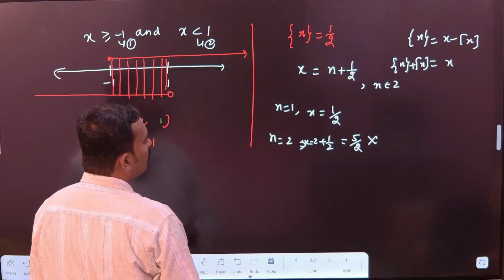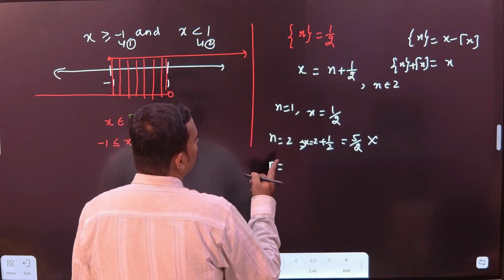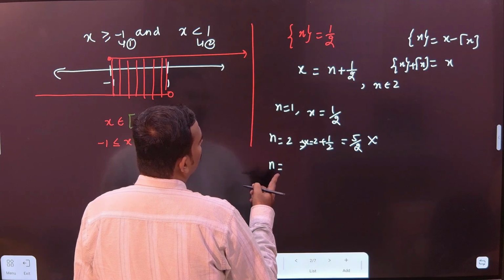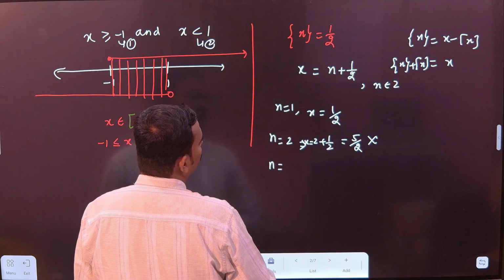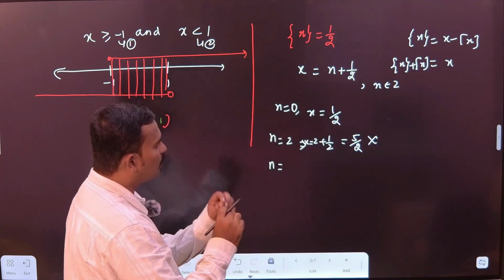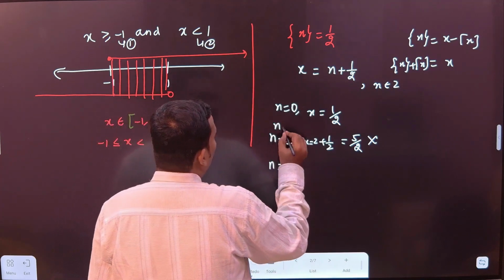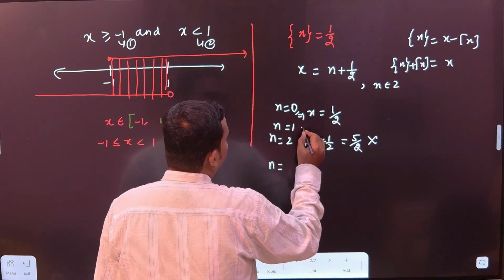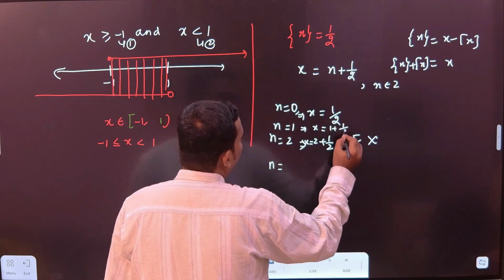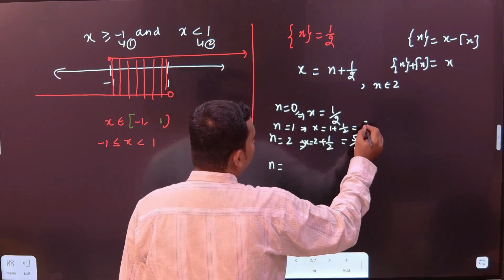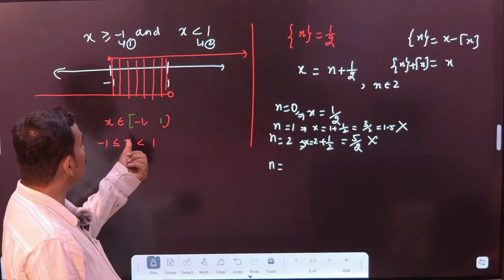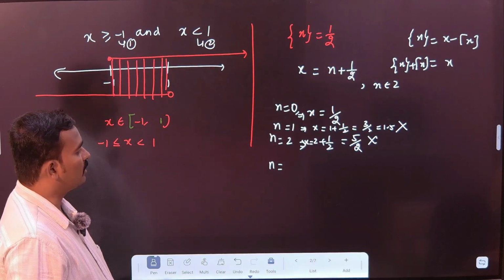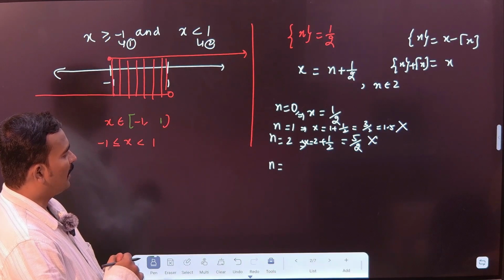Let us take n equal to 0 first, right? n equal to 0 means x equal to 1 by 2. n equal to 1 means x equal to 1 plus 1 by 2, that is 3 by 2, which is 1.5. This is also not possible because we need common solutions of the first inequality and the second one. x equal to 1 by 2 is possible.